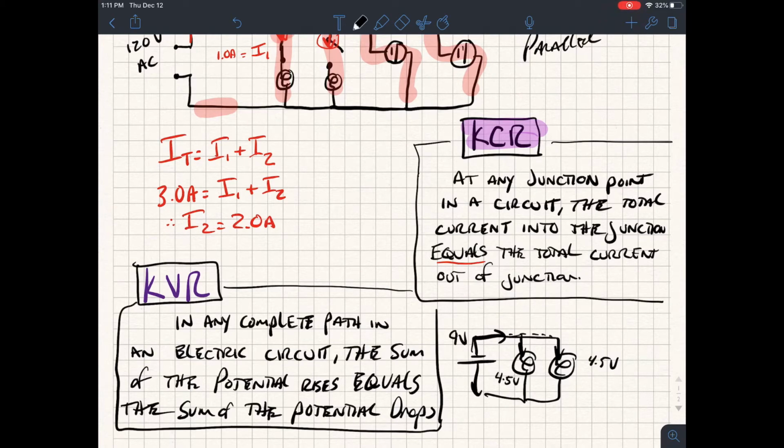The rises indicate the input of energy. We're giving 9 joules per charge of energy to spend, 9 volts. And it has to be spent all the way before the electrons get back to the battery. If these light bulbs are equal, the sum of the drops, the positions where energy is used, has to equal the amount of energy put in.